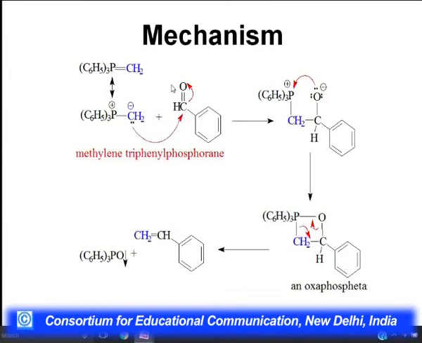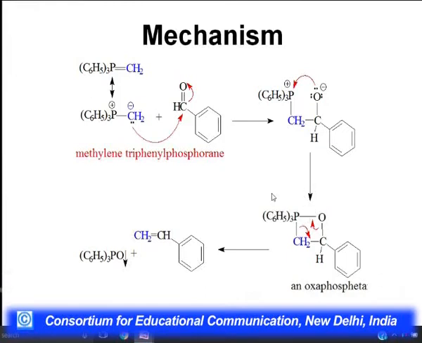At the same time, there is electrostatic attraction between the carbonyl oxygen, which has a negative charge, and the phosphorus, which has a positive charge, resulting in a bond formation between oxygen and phosphorus. This gives rise to a betaine intermediate. This intermediate is also known as an oxaphosphetane intermediate or a betaine intermediate.